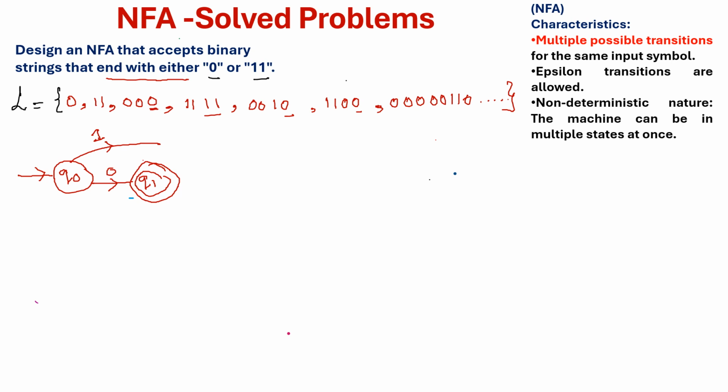So I'm introducing one more state, state 1, and I make it a final state, because we need 1. Here we have the path starting with 1, ending with 1. So these 2 strings are valid, checked by the machine also.